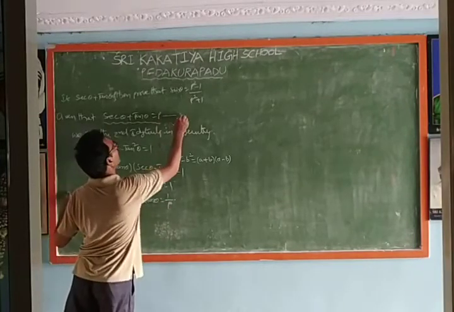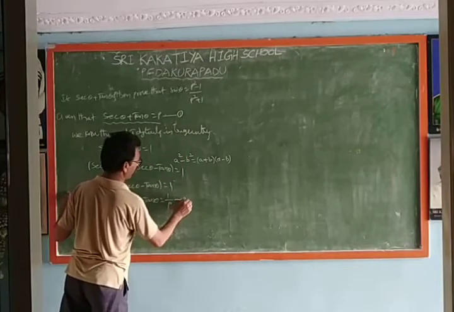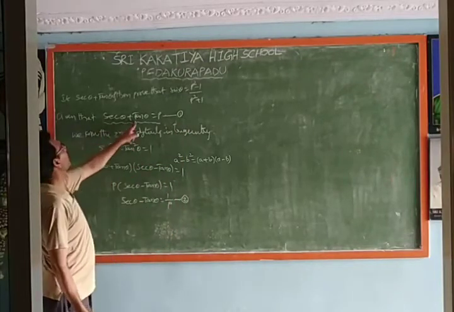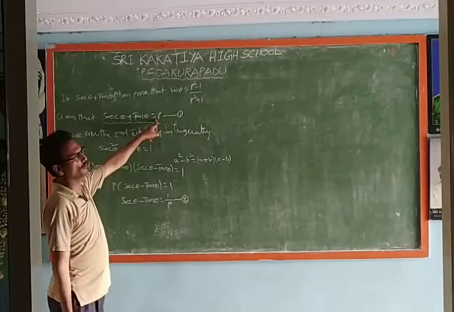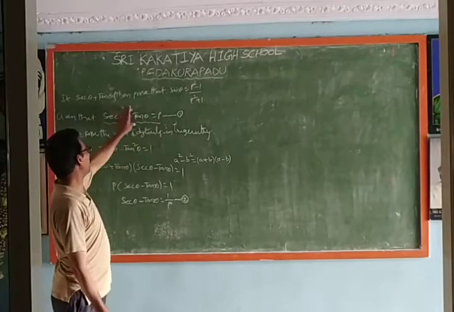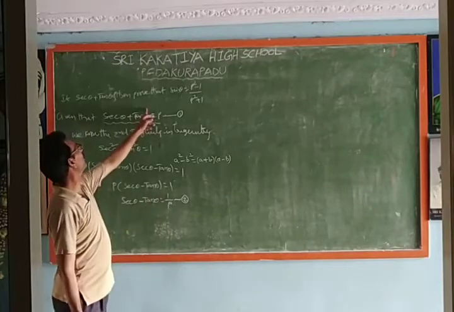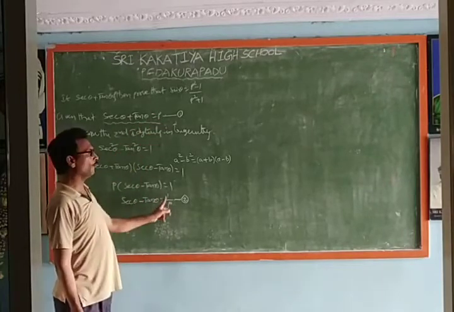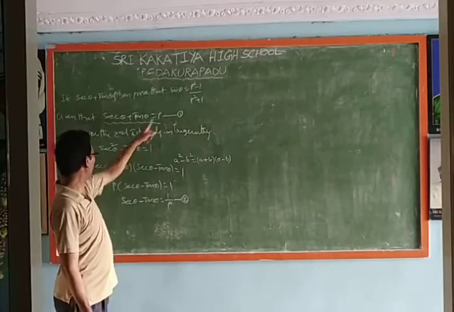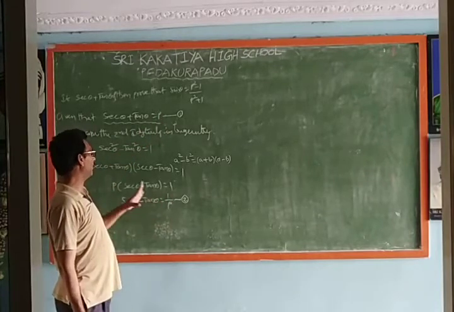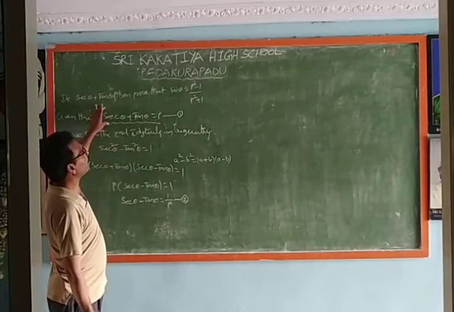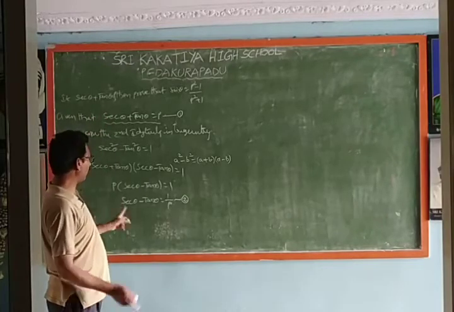This is the given one, the first one, and this is the second one. In one mark also this will come. If secant theta plus tan theta is equal to p, then secant theta minus tan theta is 1 by p. Secant theta plus tan theta is equal to k, secant theta minus tan theta is equal to 1 by k. Secant theta plus tan theta is equal to 2, secant theta minus tan theta is equal to 1 by 2. Like that. Okay.